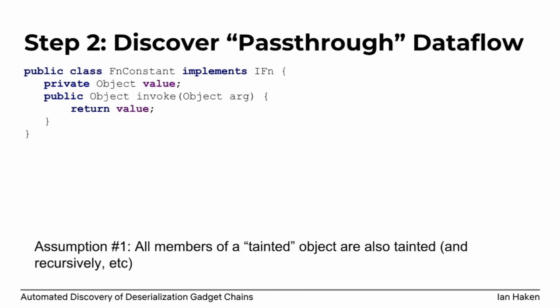So there's one assumption here that I make in this analysis, which is basically that if any object is tainted, and by taint, I mean attacker controllable, then everything about that object is attacker controllable. And that makes sense in this context because in a deserialization vulnerability, if an attacker can control an object, it's because it came out of that payload, so they control everything about that object.